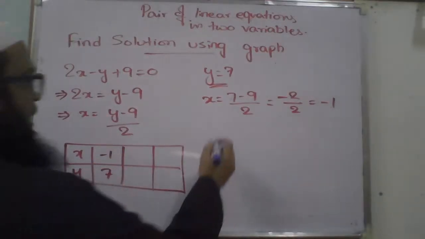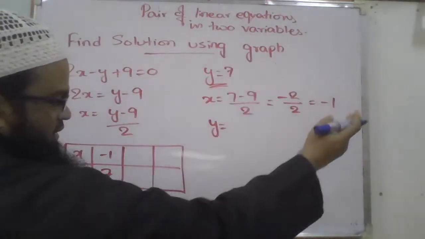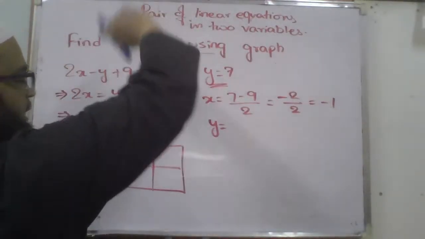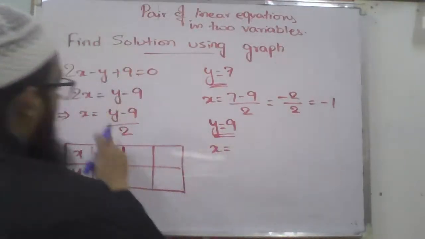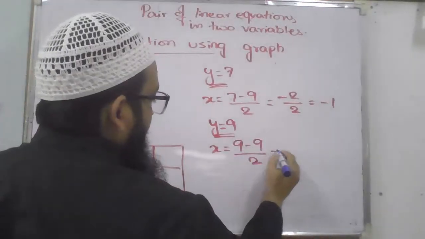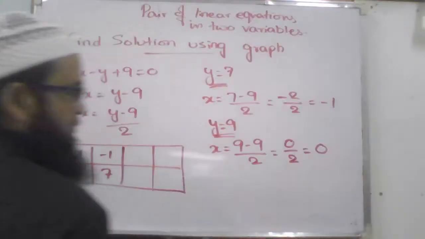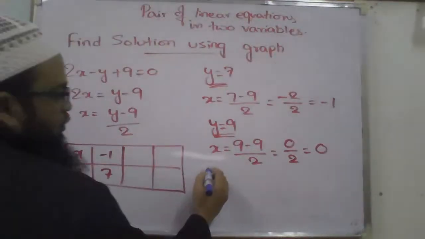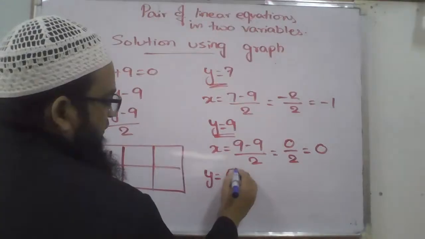Understood, my dear? And now if you take y is equal to 9, it will be on the top, positive values. You can take x is equal to (9 minus 9) divided by 2. What is 9 minus 9? 0 divided by 2, that is equal to 0. And now let us take y is equal to 5.